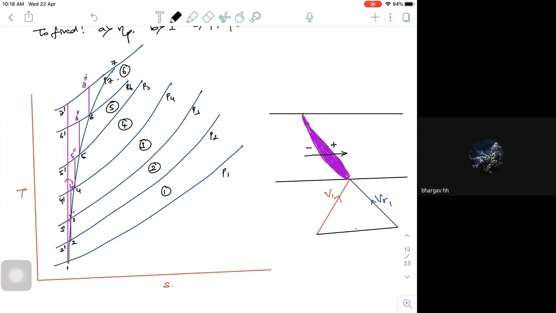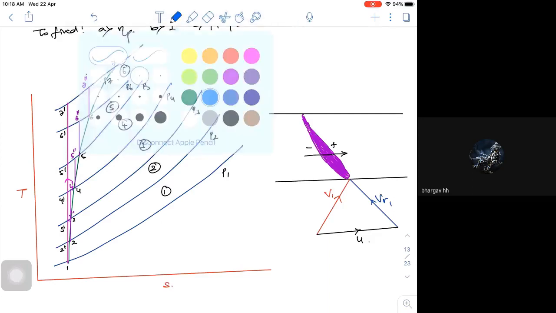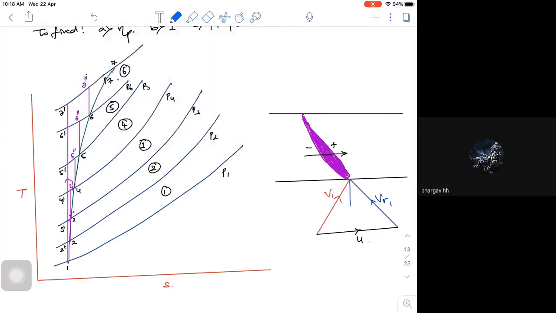This will be my U. So U1 and U are both the same here. Now if I resolve my V component, I'll get this: this will be my VF1, and this will be my VW1.